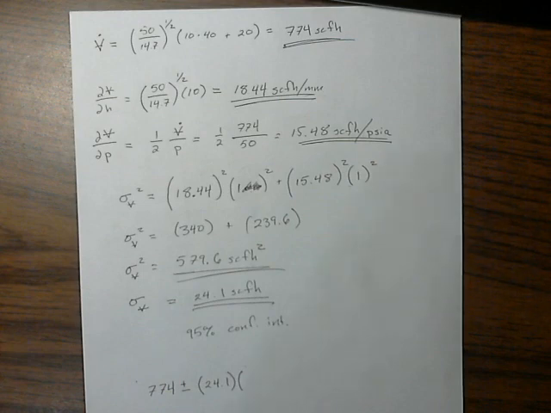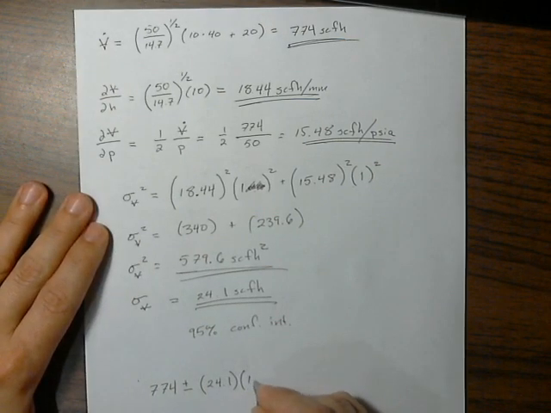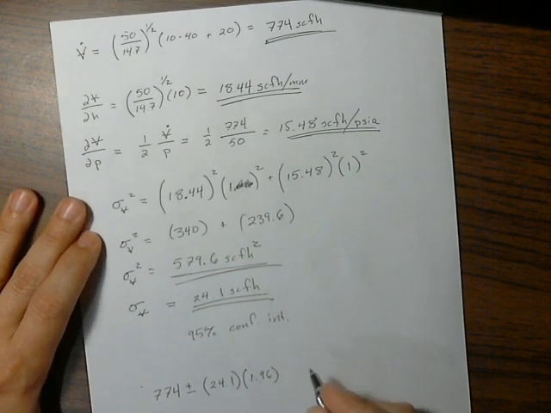So when I look up 0.475, I struggle to find it in this little tiny table. Here it is. 0.475 corresponds to 1.96. A z value of 1.96. There we go.